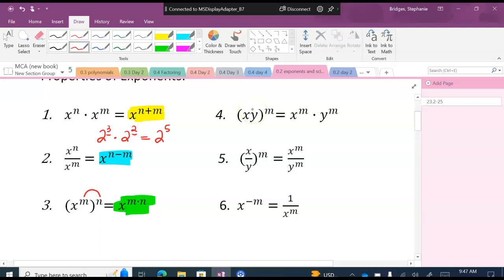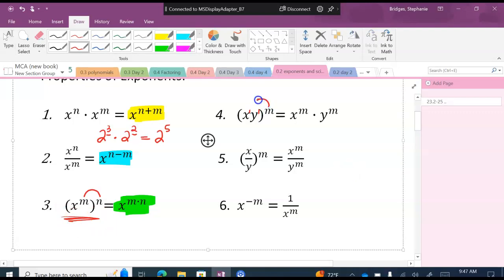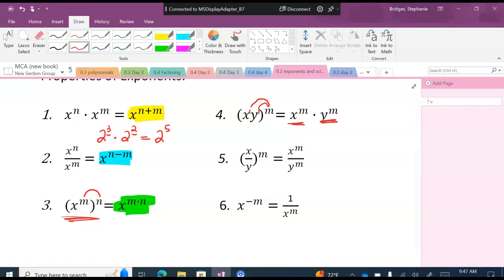If it's not written, it's a 1. And what about on the y? It's a 1. So the way that it is similar to rule 3 is that we're taking this exponent and multiplying it by that one. So that's how I get x to the m power. And then we do the same thing: we take that exponent and multiply it times that exponent. And again, that's how I get y to the m power. So if you have a product of things inside parentheses, the exponent on the outside is going to be given to each piece of that product.